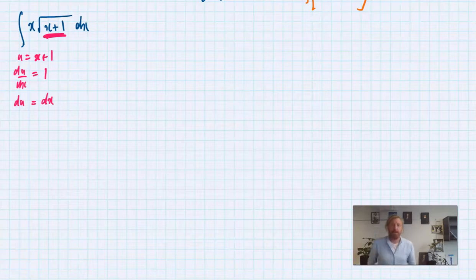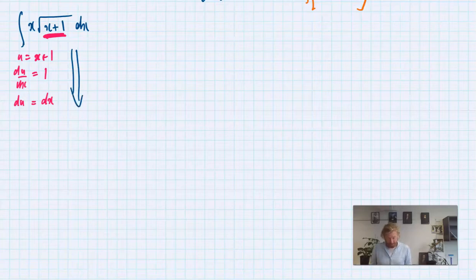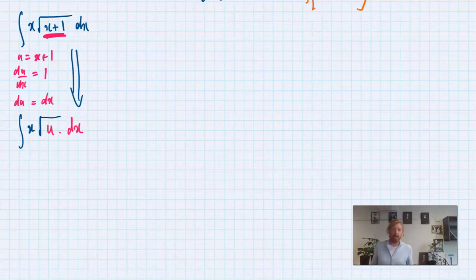Now I can substitute in, and I get this guy comes down, and it becomes the integral of x times the square root of u, and then du becomes dx. Dx becomes du. Yes, much better. Right. This x is here.